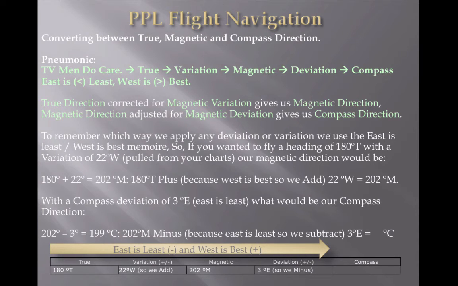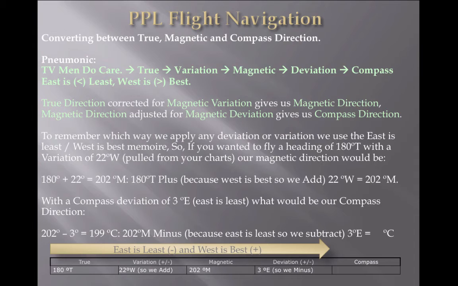One of the key things that we're going to need to do is convert between true, magnetic and compass direction. And we need to be able to very easily identify what information we're given and be able to convert equally between these.